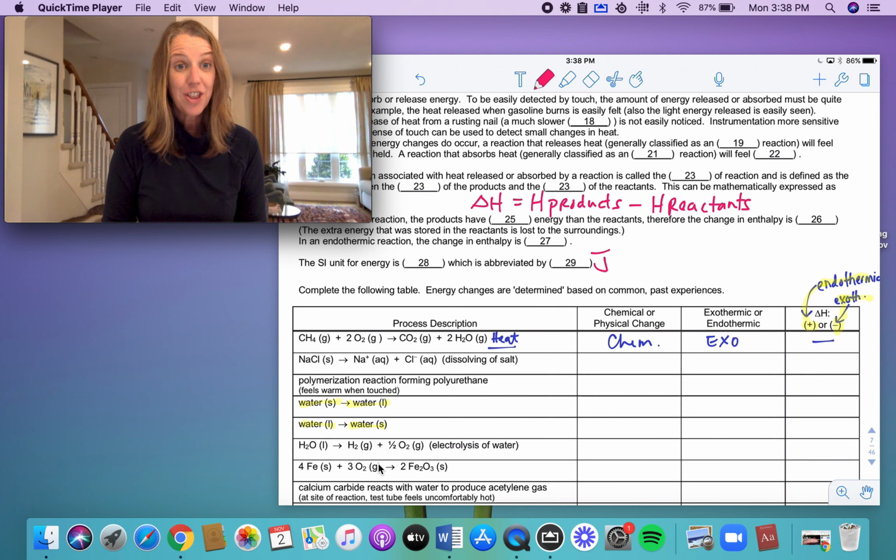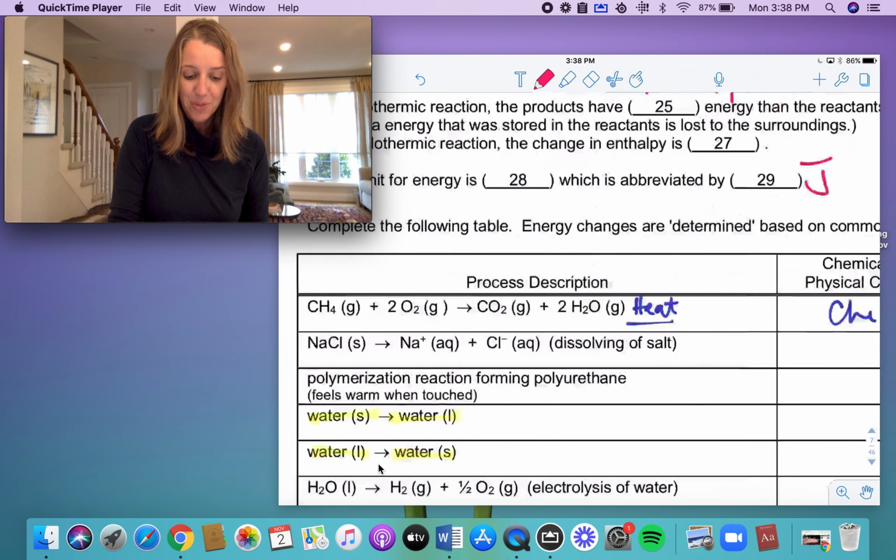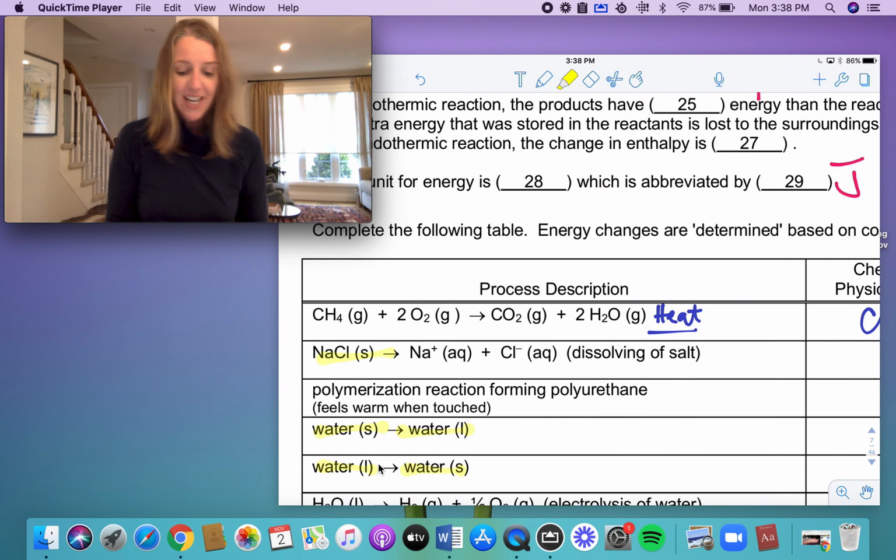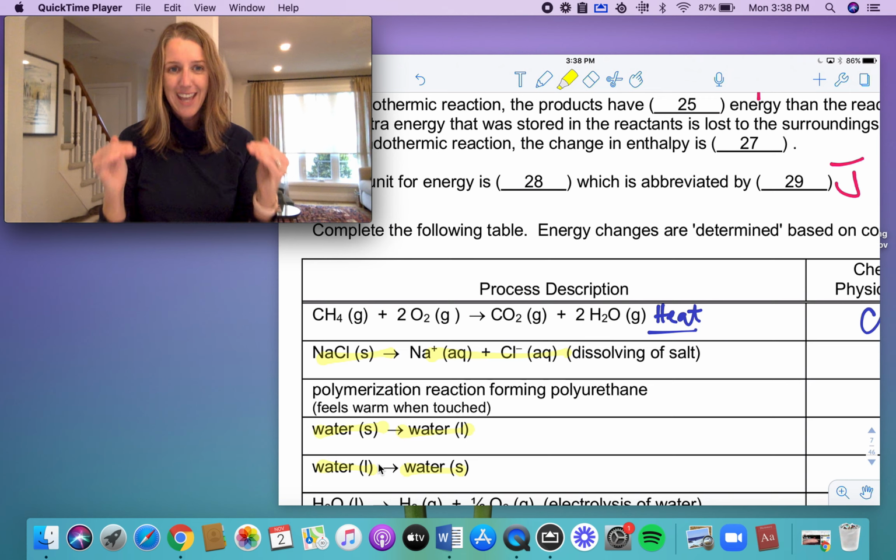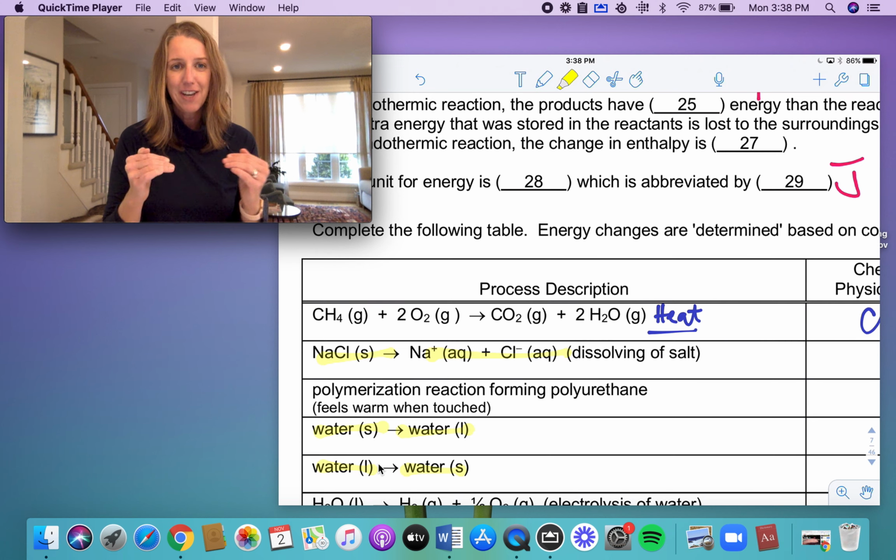Okay, so put a little thought into this because I bet you can figure it out. The second one on that list, you see there, you've got salt. So we're looking at sodium chloride, and that is representative of a physical change because it's just dissolving salt. Now, back in your basic chemistry knowledge, do you remember, is dissolving a salt endothermic or exothermic?